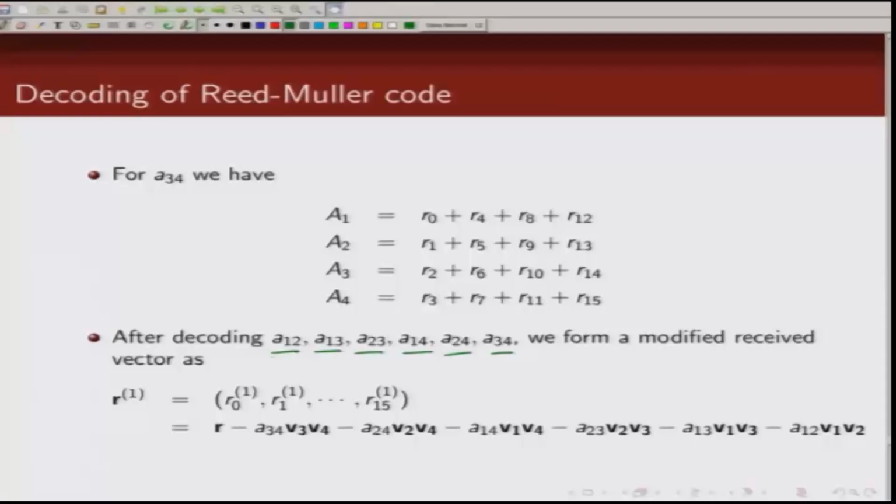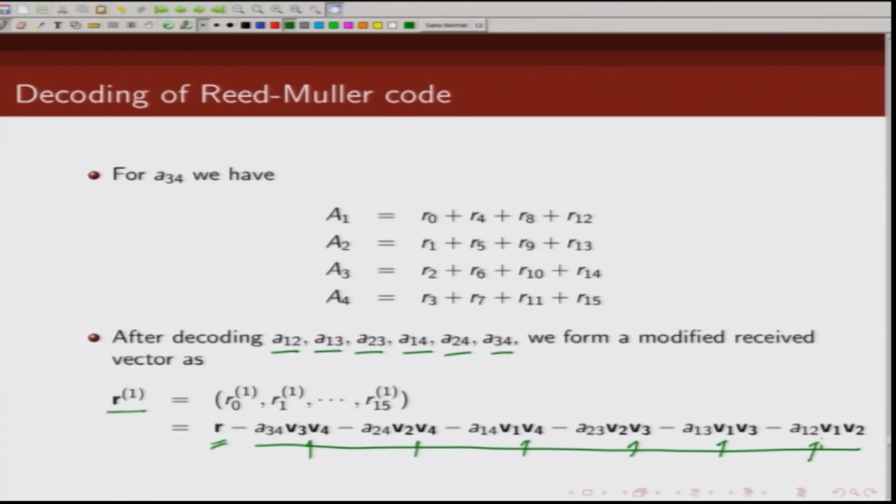If the majority of them are saying it is 0, we go for that, or else if the majority are saying 1, we will go for that. So, once we have decoded these sequences, let us subtract the contribution of these bits from the received signal. The new received sequence, which we are calling R1, is the actual received sequence minus the contribution from these Boolean product terms.